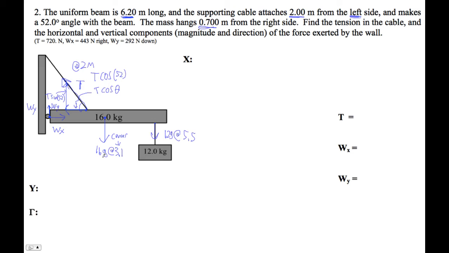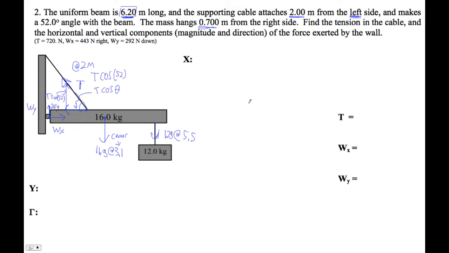And then we've got the weight of the beam, which is 16 times 9.8, and that's at the center of the beam. So the beam is 6.2 meters long. So that would be at 3.1. That's half of 6.2, right? And then the 12 times 9.81, the weight of this box, or whatever it is, right, is at, it's 0.7 from the right side. So that's 6.2 minus 0.7 is 5.5, right?